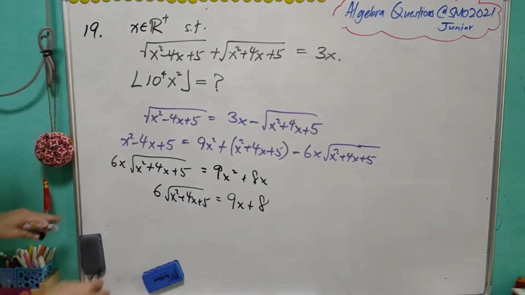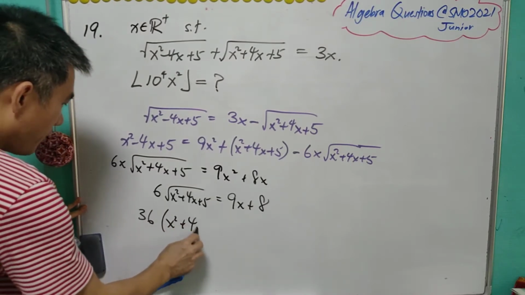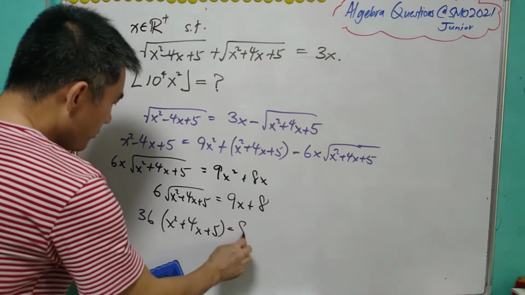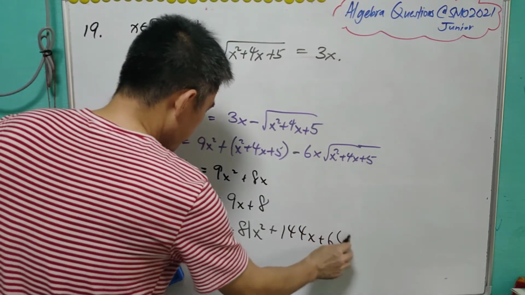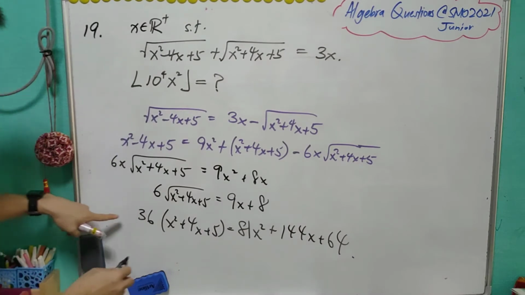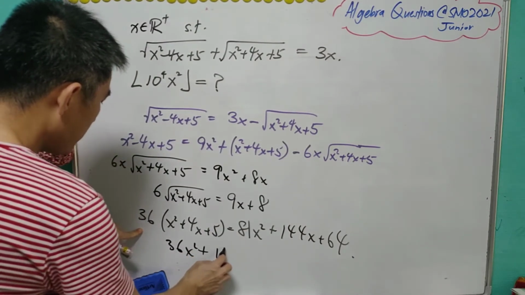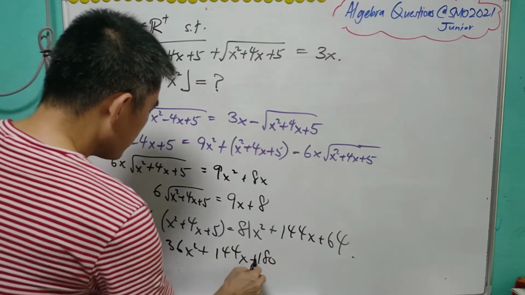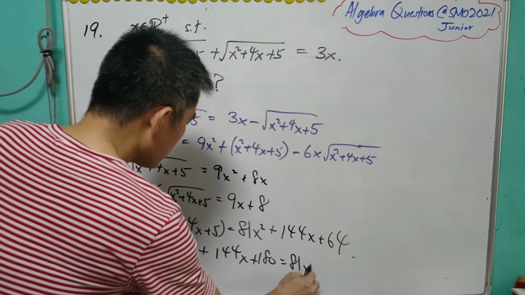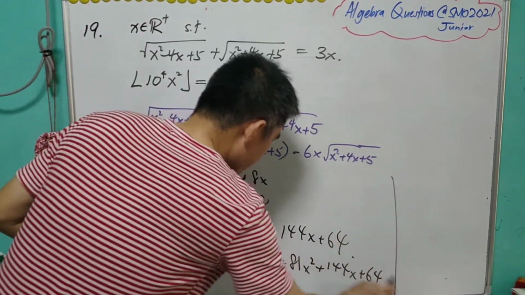We square both sides, then it will be 36 times x squared plus 4x plus 5, and here will be 81x squared plus 144x plus 64. So from here, that is 36x squared plus 144x plus 180 equals 81x squared plus 144x plus 64.